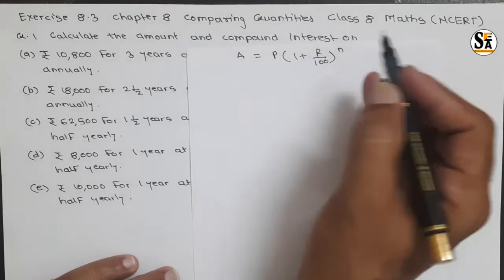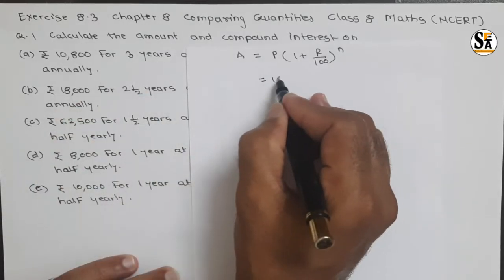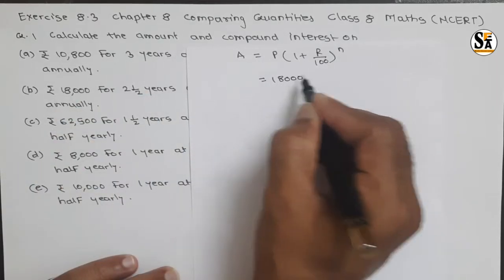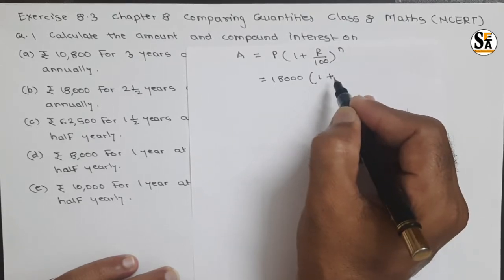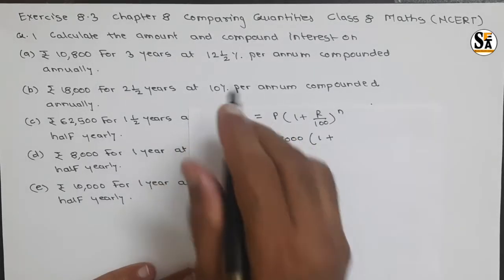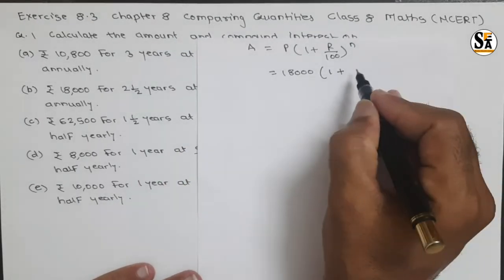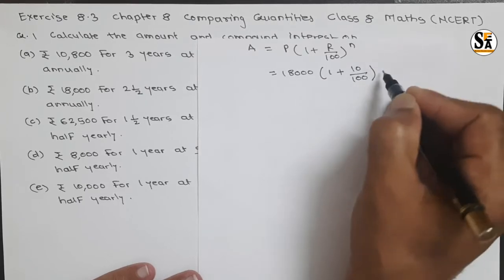Now here P is given 18,000 into bracket 1 plus R. 10% is given. So I will write here 10 divided by 100.